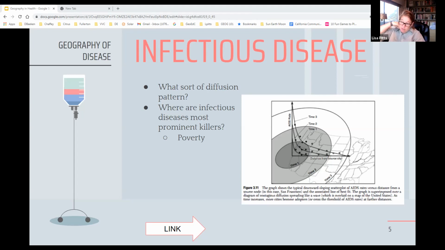And then relocation diffusion is the spatial spread pattern, just like when we talk about relocation diffusion of ideas and culture, where the disease leaves an area in which it originates and moves into a new area. An example of that is HIV or measles, or the spread of cholera in Haiti back in 2010.